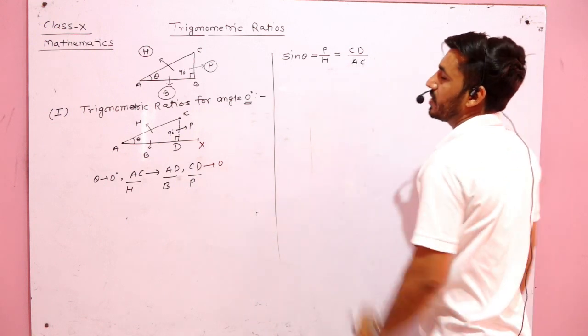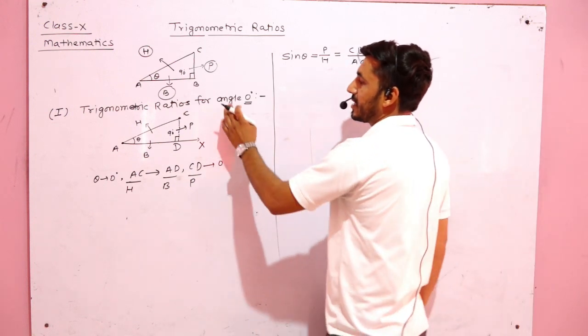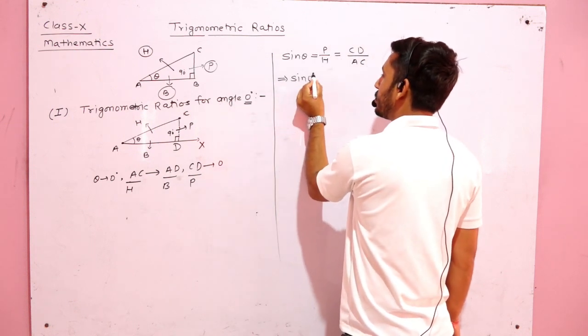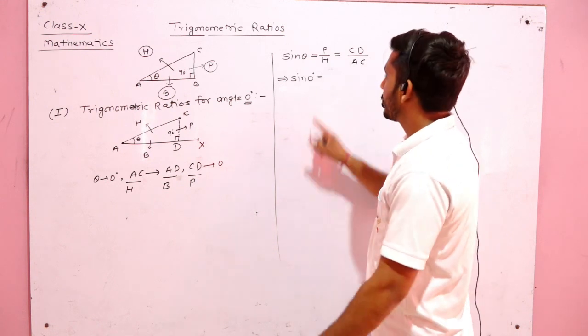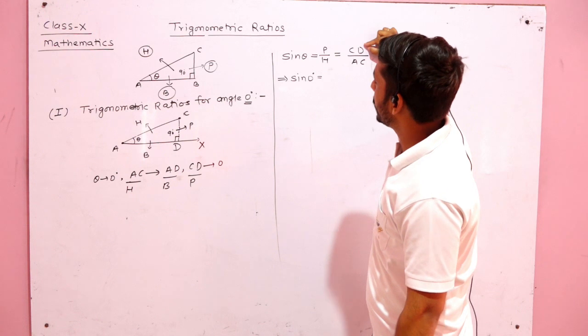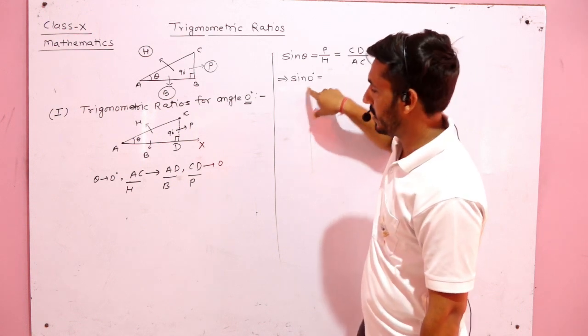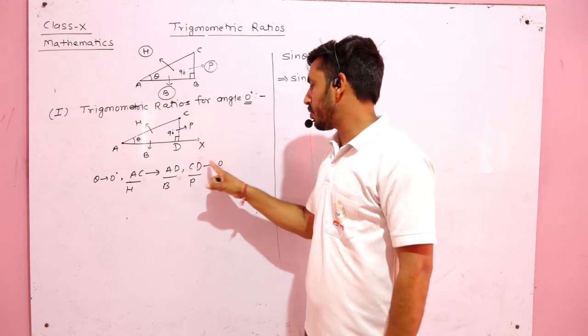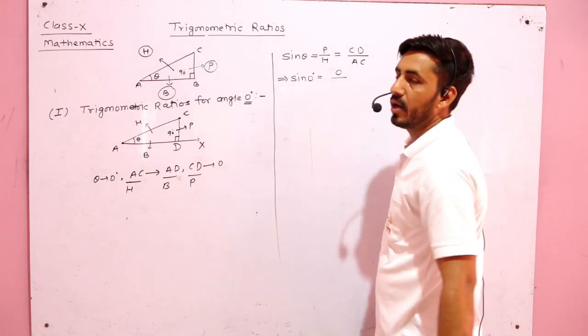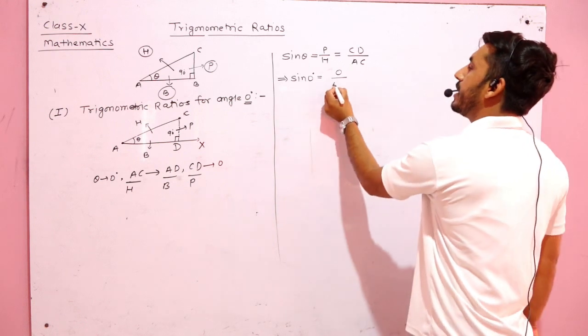Okay, in this condition, if I am taking theta equal to 0 degree, then sin 0 degree means the value of CD when theta moves towards 0 degree. Then CD is moving towards 0, so the value of CD will be 0 and the value of AC is equal to AD.